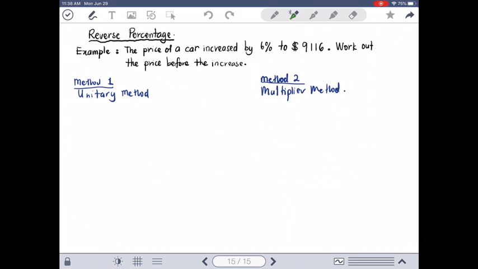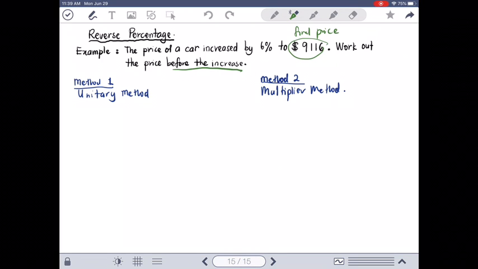If you look at this question, the price of a car increased by 6% to $9,116. Means that this is your final price after the 6% increase. So work out the price before the increase.